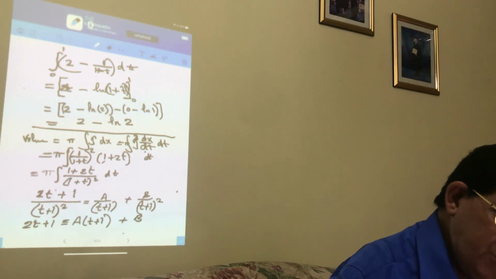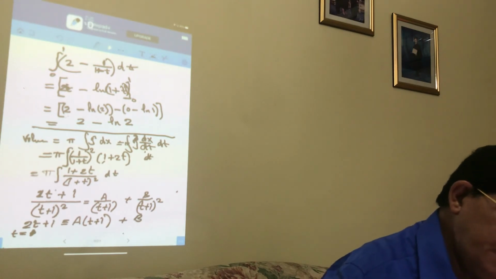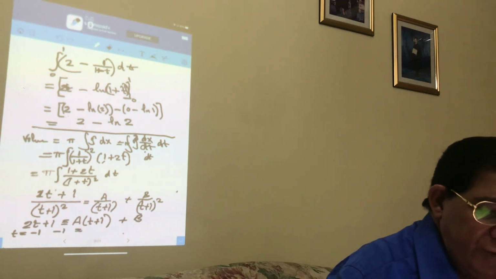We substitute t equal negative 1, and we get negative 1 equal b.